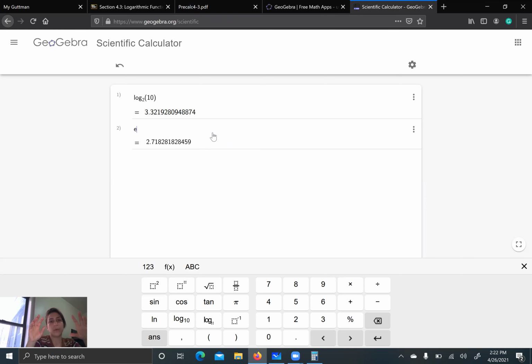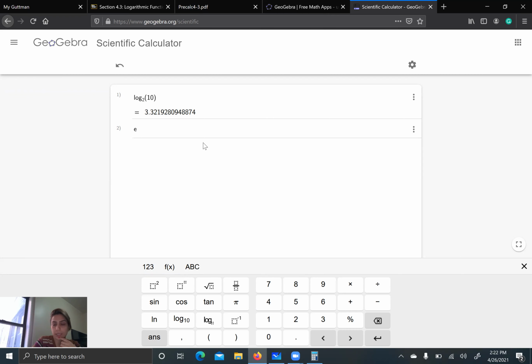If you want the exact value for e, it's 2.71828 and so on, which we roughly estimate as 2.72. Whenever you see e, Euler's number, that's just a notation that represents this value, which is roughly 2.72.